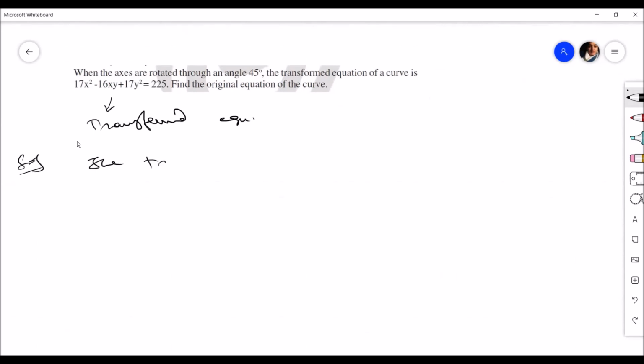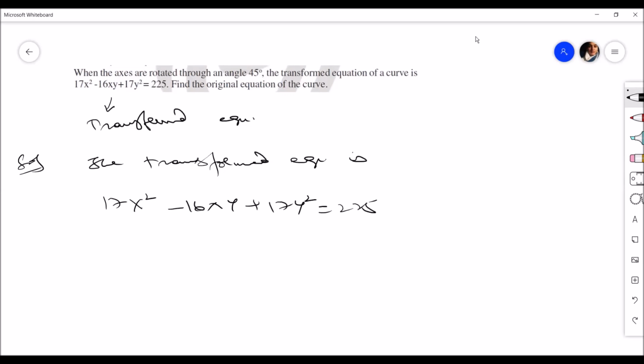Solution: the transformed equation is 17x square. Since it is already the transformed equation, you have to write it in terms of capital X and capital Y. So that will give you capital X square minus 16 capital X capital Y plus 17 capital Y square is equal to 225.